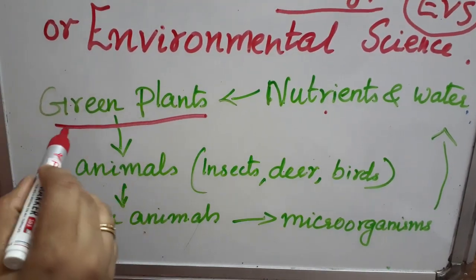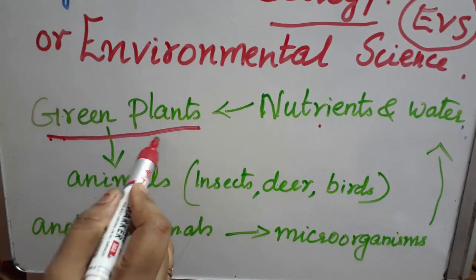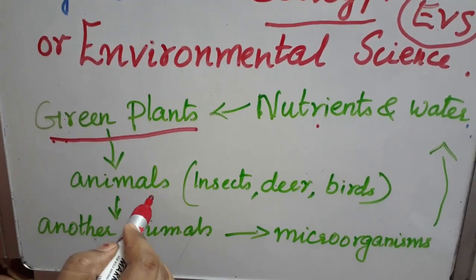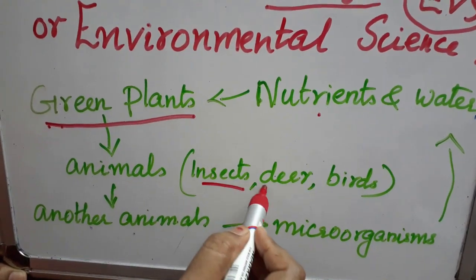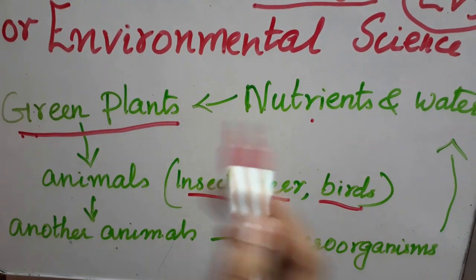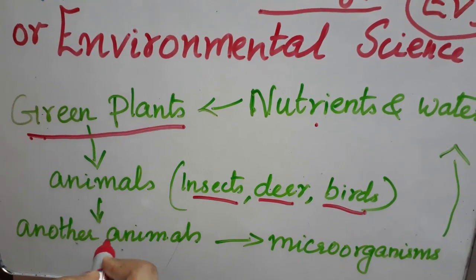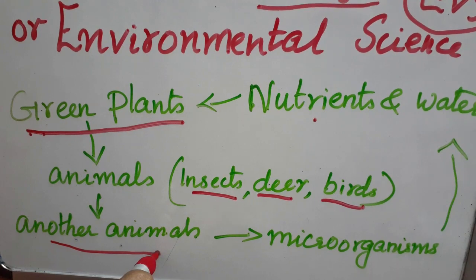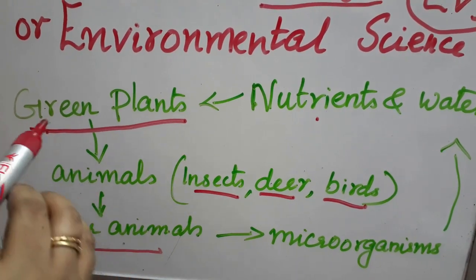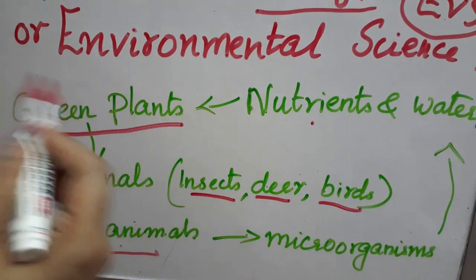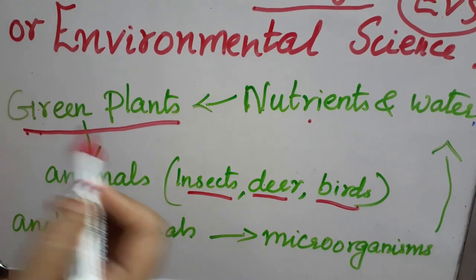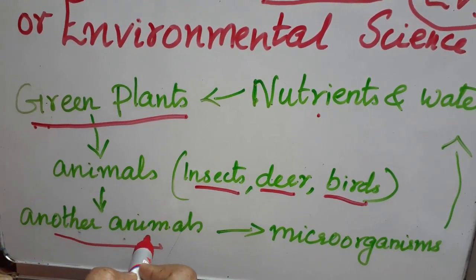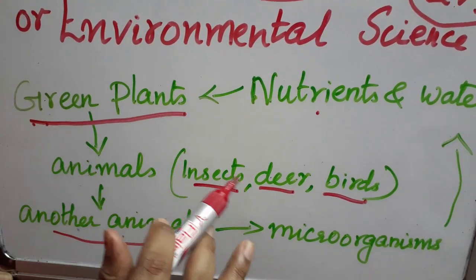After that, these green plants will be eaten by some small animals, for example insects, deer or birds. After that, these animals will be eaten by another animal. Is it clear? Green plants are eaten by animals, and those are eaten by other animals, and finally one day it will die, right?